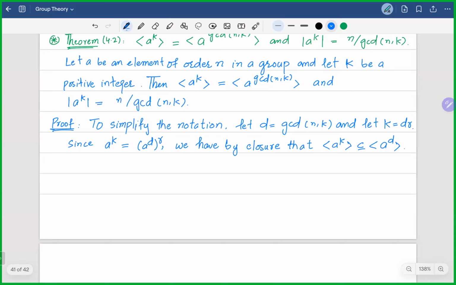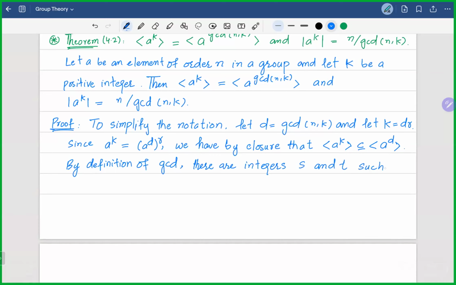Now, by the definition of GCD, there are integers s and t such that d equals ns plus kt.